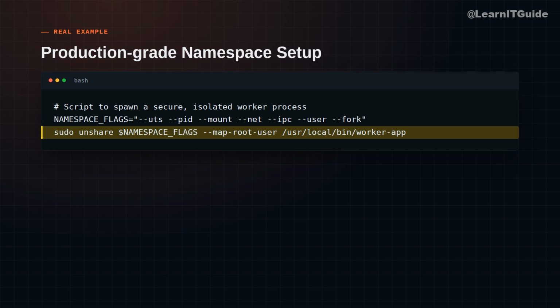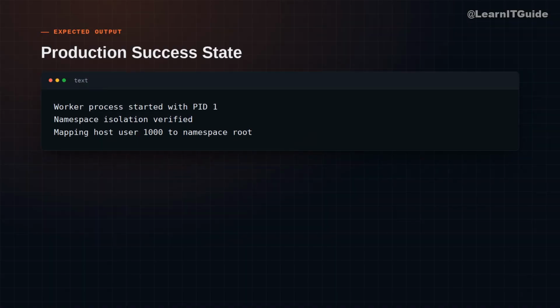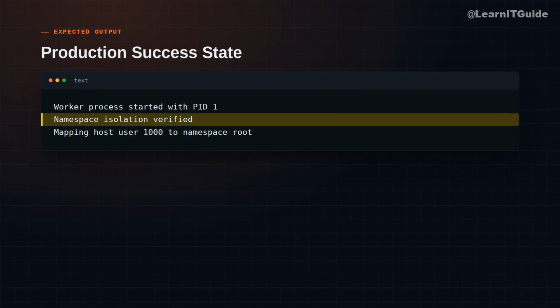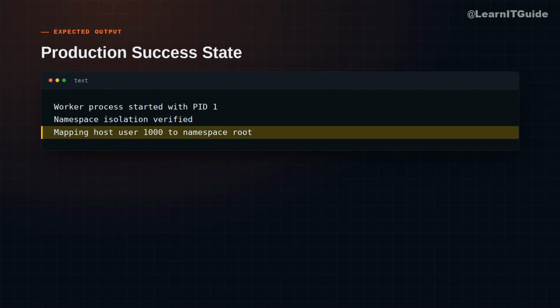This provides security by ensuring that even if the worker app is compromised, it has no real root access to the host machine. The output shows the worker process started successfully. It confirms the namespace isolation and the user mapping. This is the foundation of how tools like Docker and Podman provide security for your applications.